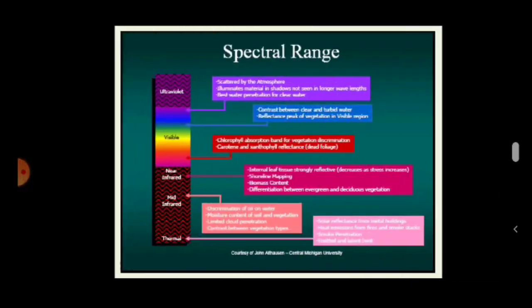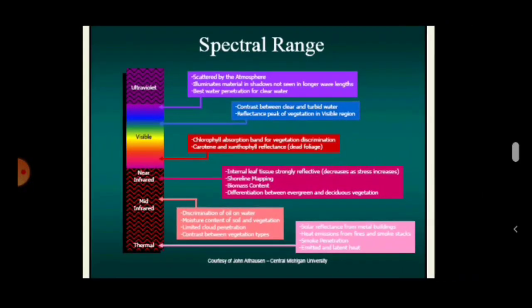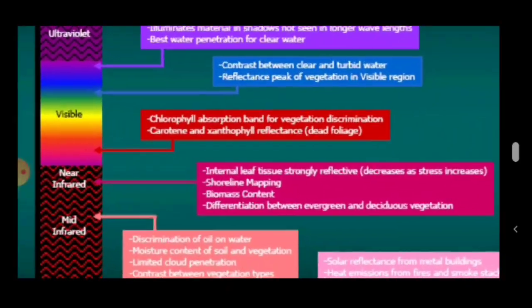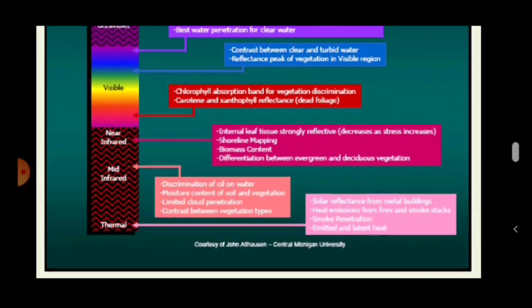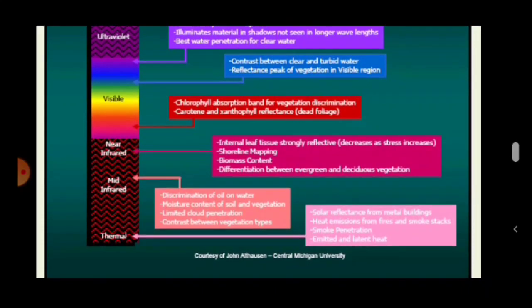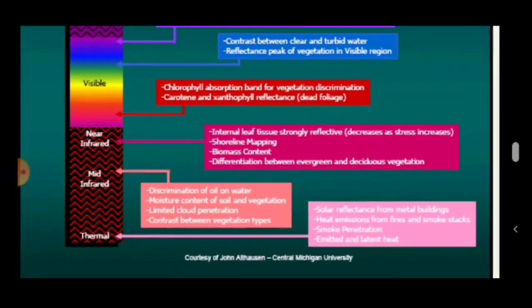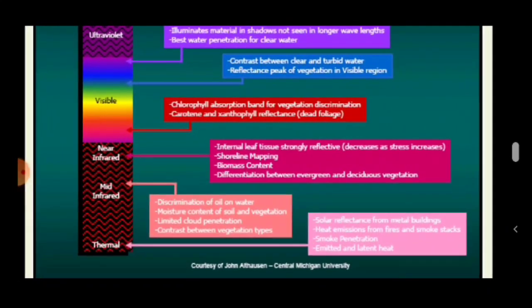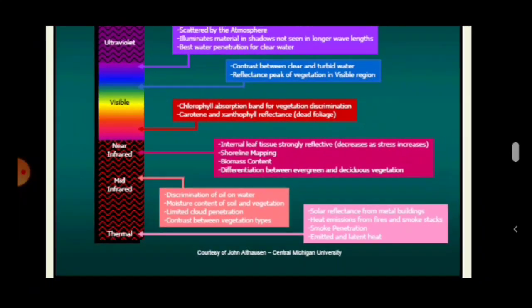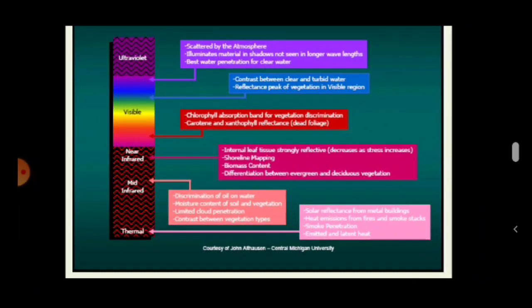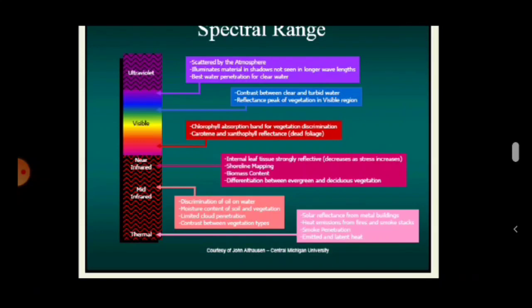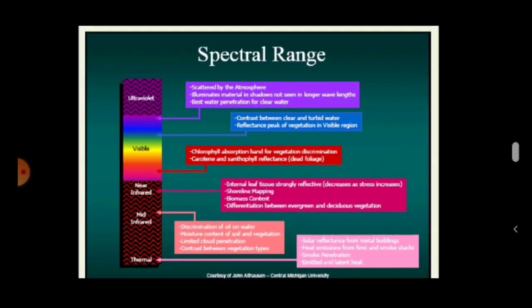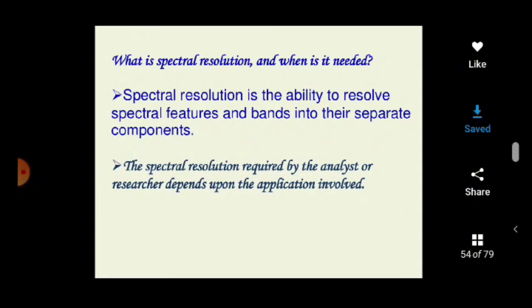Then we come to spectral resolution. Before that, you should have an idea about the electromagnetic spectrum. We discussed this widely, how the electromagnetic radiation scatters and how its wavelength depends on the visible range according to each color, and also the IR region, near infrared to far infrared, and the UV region, all the things we have discussed earlier when it comes to EMR.